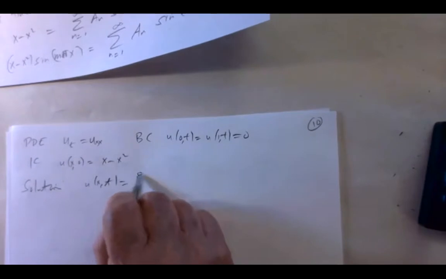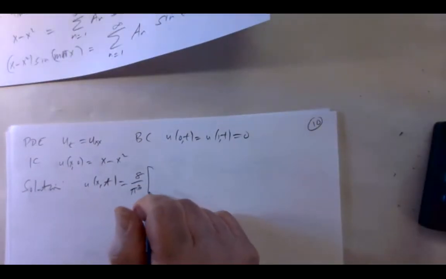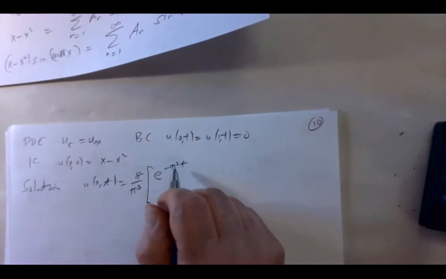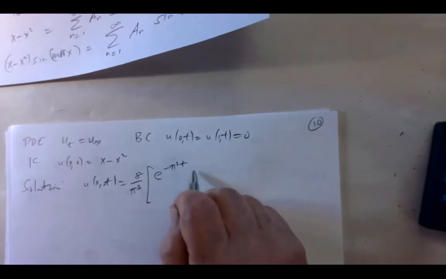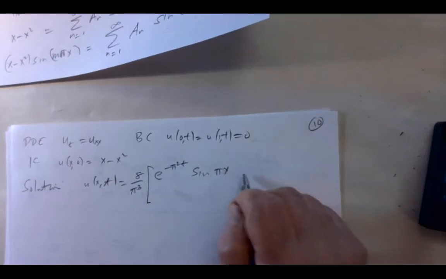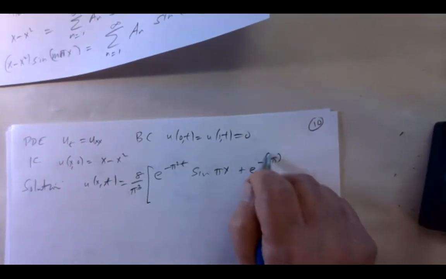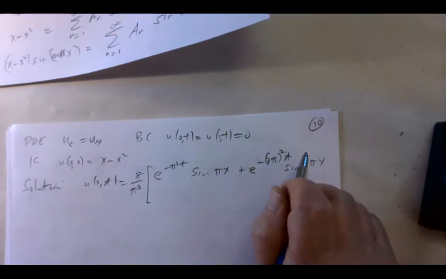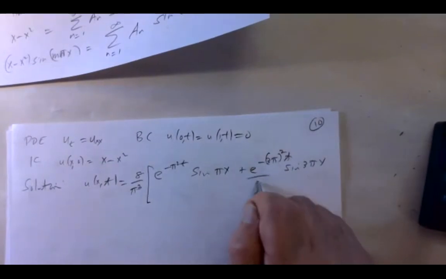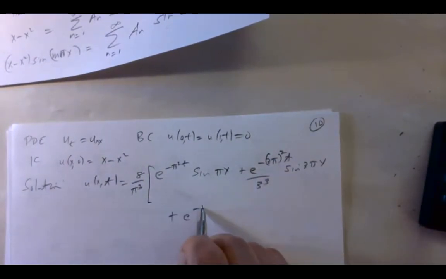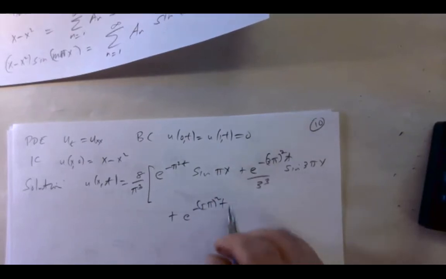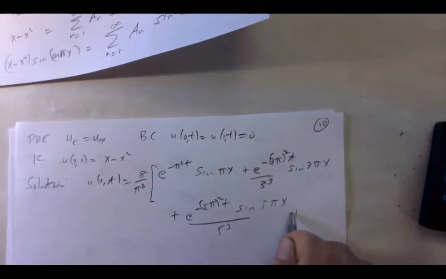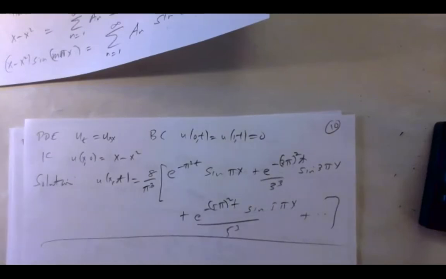I can factor out 8 over pi cubed: e to the minus pi squared t sine of pi x plus e to the minus the quantity 3 pi squared t sine of 3 pi x over 3 cubed plus e to the minus 5 pi squared t sine 5 pi x over 5 cubed, and so on. Phew.